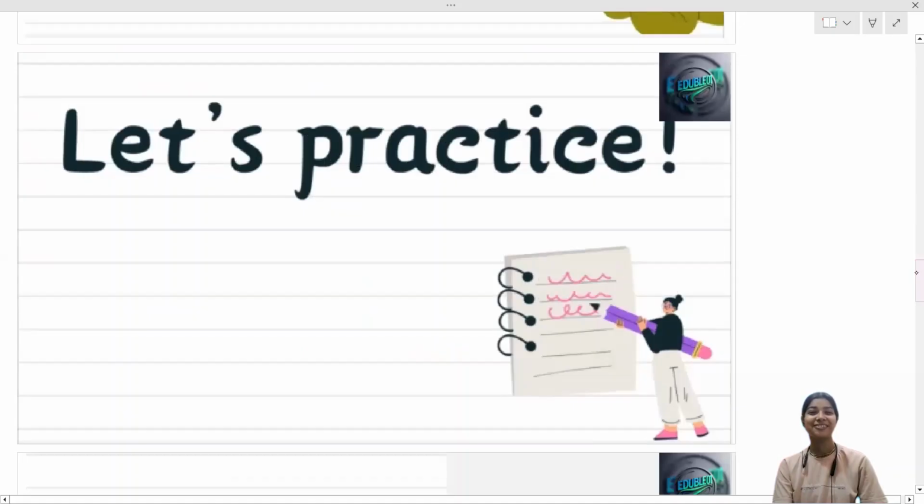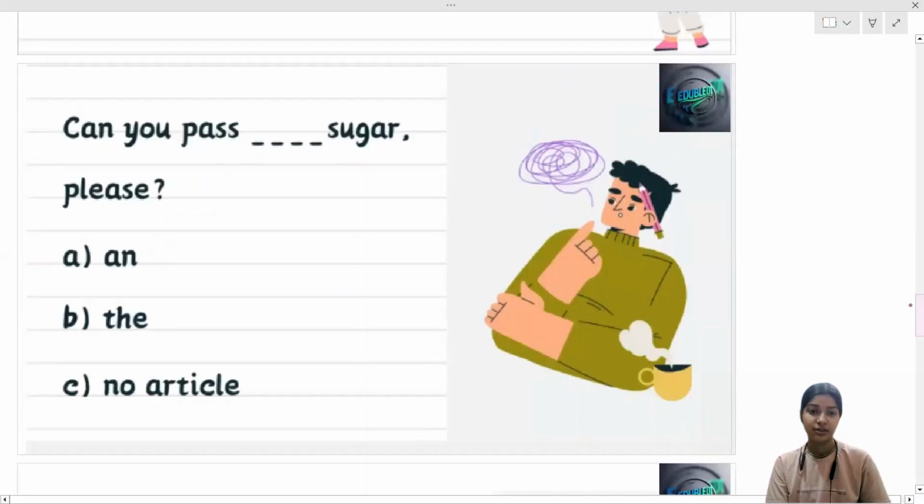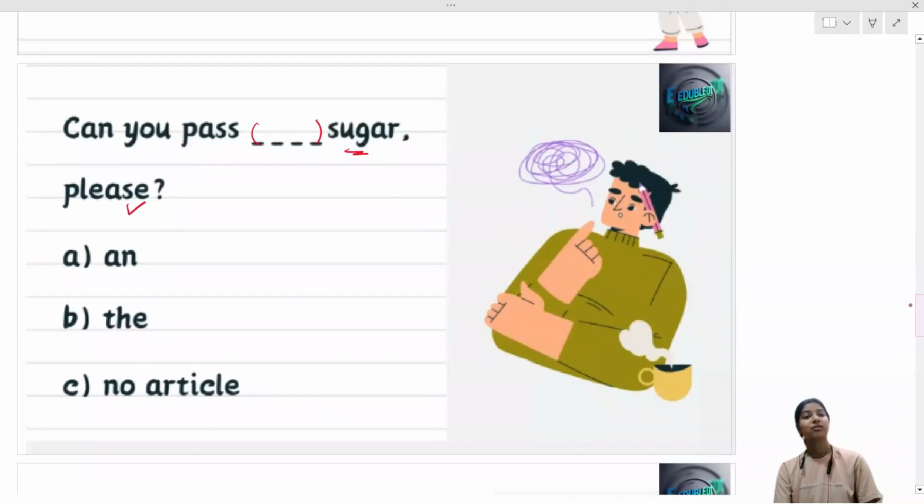Okay, so now it's practice time. Let's do the practice. Can you pass blank sugar, please? So here you have to go with three options and the no article. Can you pass that sugar, please? Now you have 5 seconds.